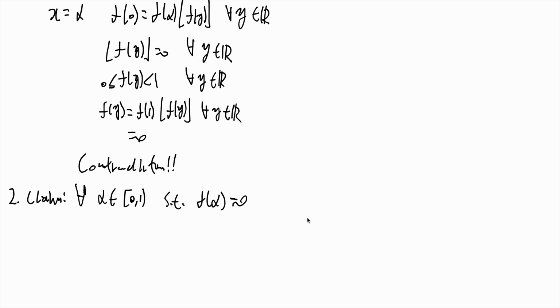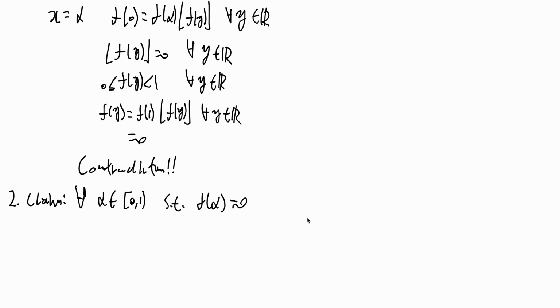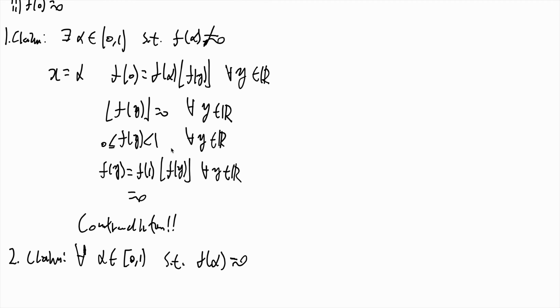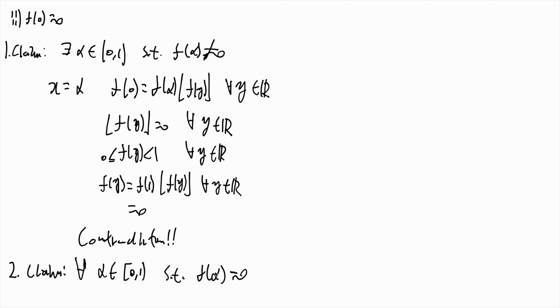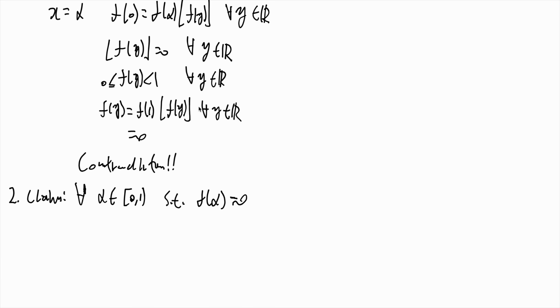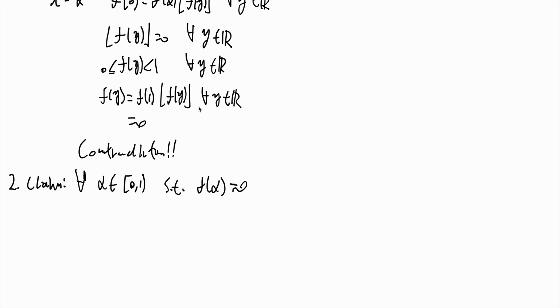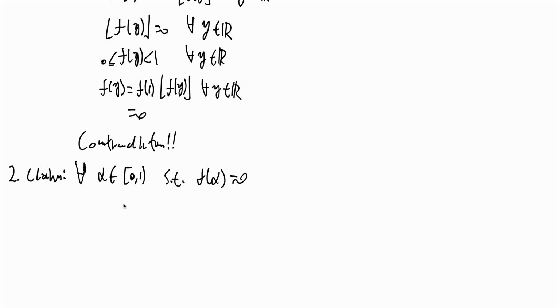Now let's continue. Notice that we cannot take the same approach as we did in our first claim because here we will get f of alpha equals 0, so 0 equals 0, and we don't get any new information. So why don't we rewrite alpha?